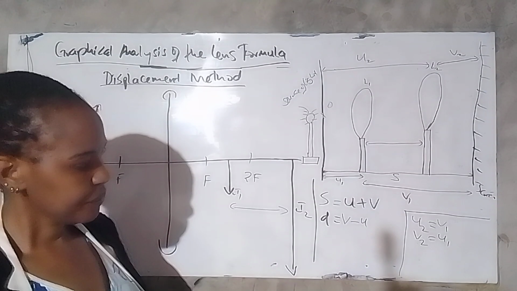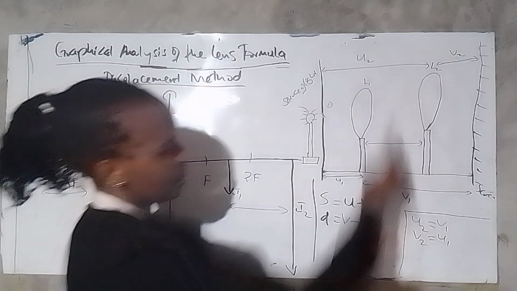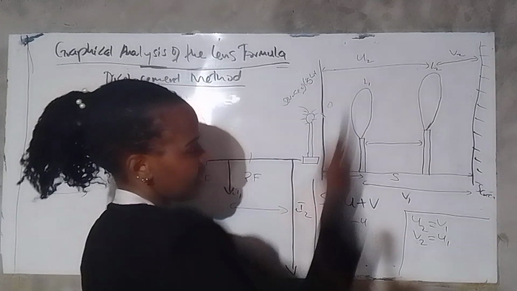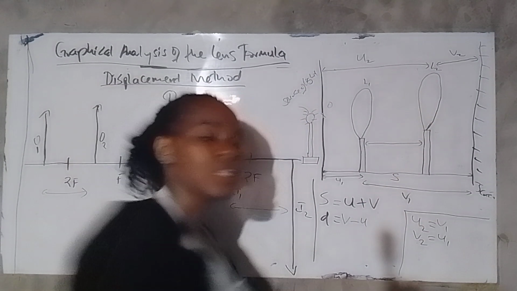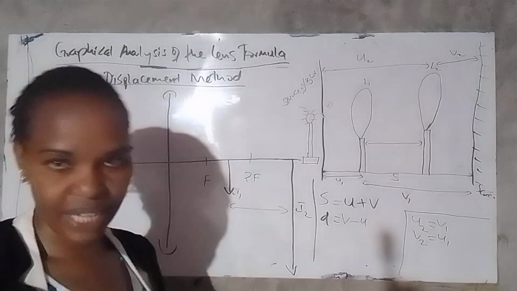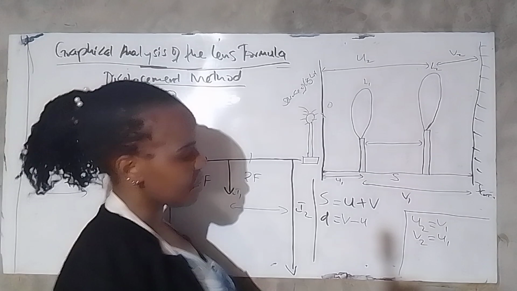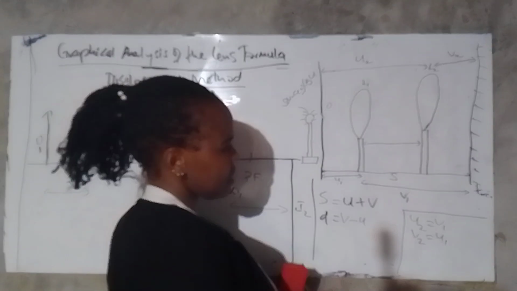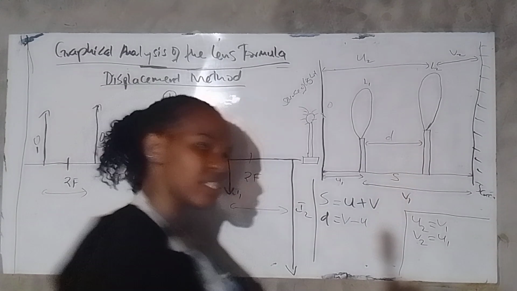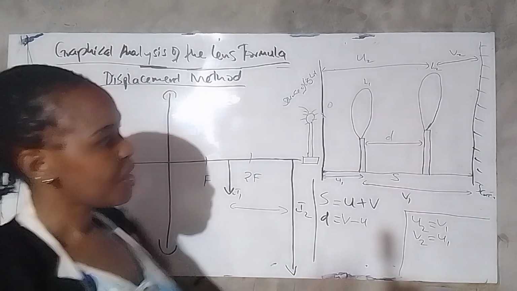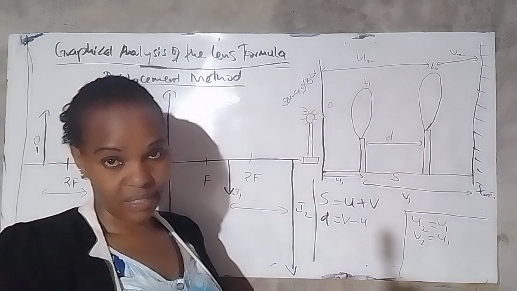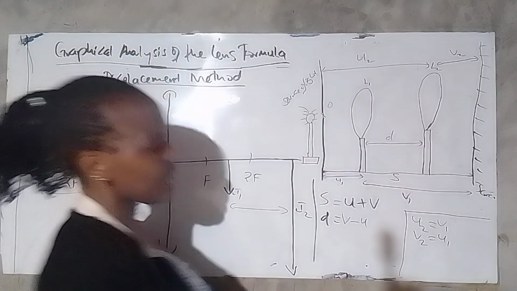Okay? I go back. V2 is equal to U1 and U2 is equal to V1, the principle of reversibility of light. Understanding that, what is D? D is the distance between the first position of the lens and the second position of the lens. How do I get D?